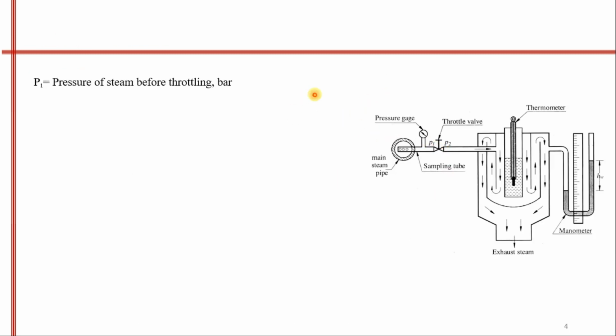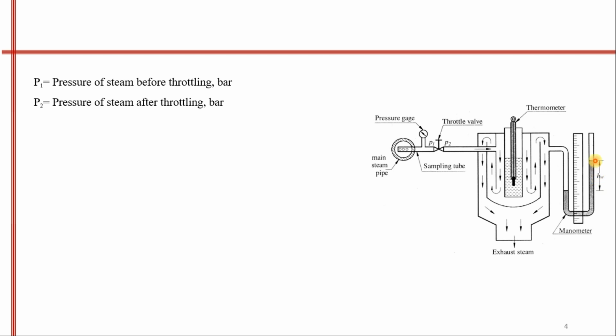Let's first look at the nomenclature. P1 is the pressure of the steam before throttling, the pressure measured by the pressure gauge over here. P2 is the pressure of the steam after throttling, meaning the pressure measured by this manometer.